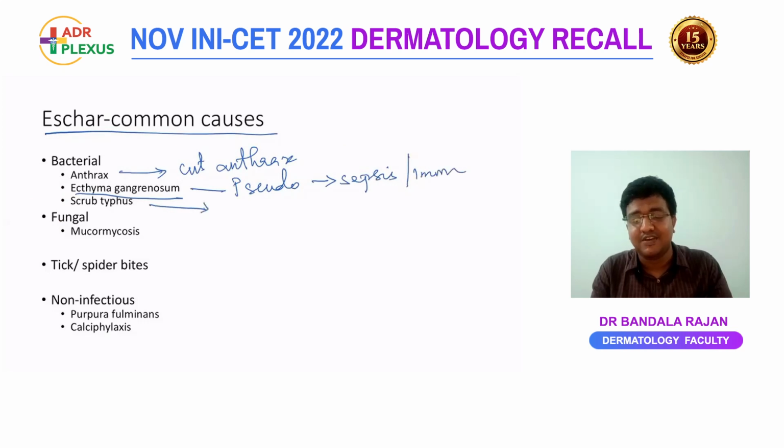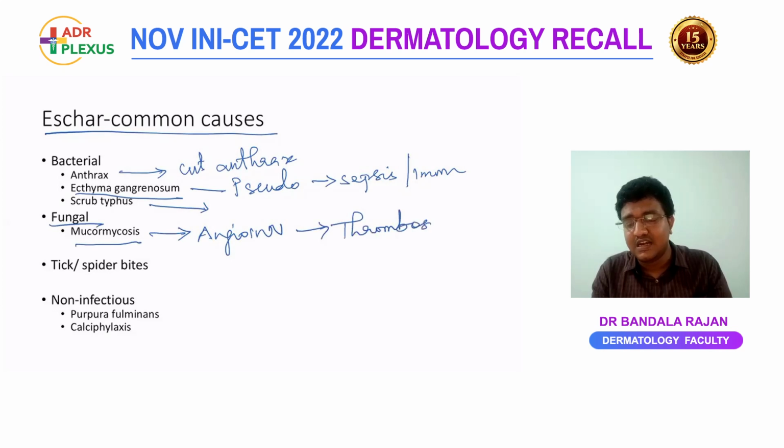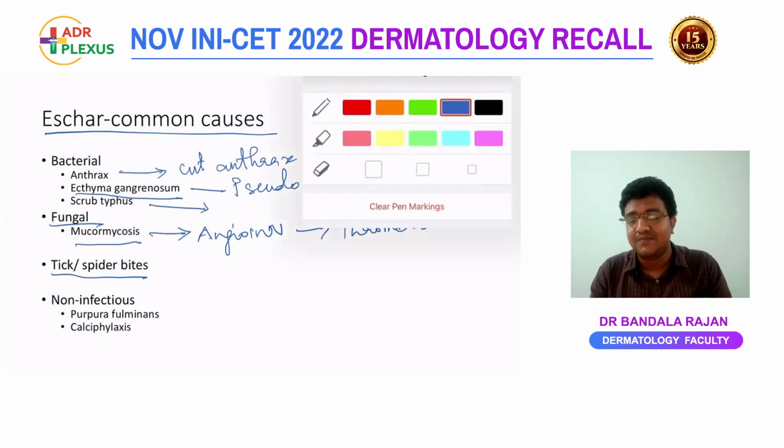Then scrub typhus. In fungal infection, the most common is mucormycosis, which we have already discussed, which has an angioinvasion property. So it will lead to thrombosis of blood vessels, which in turn leads to eschar. And some tick and spider bites can lead to eschar formation.